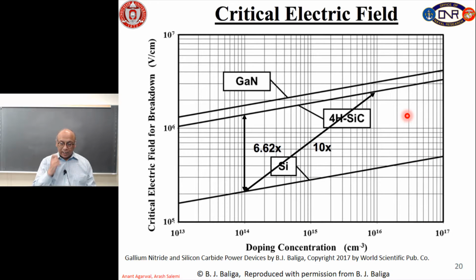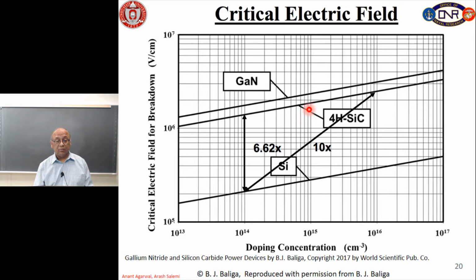So coming back to the critical electric field, as I had alluded earlier, the critical electric field for silicon carbide and gallium nitride is much higher than silicon because of the higher band gap, and you can see this for a low doping case like 10 to the 15.